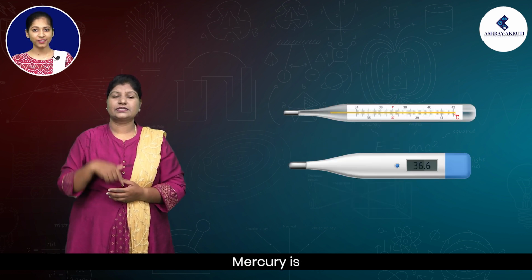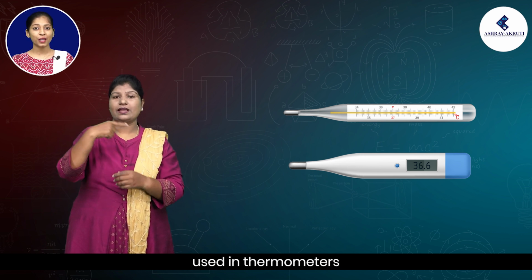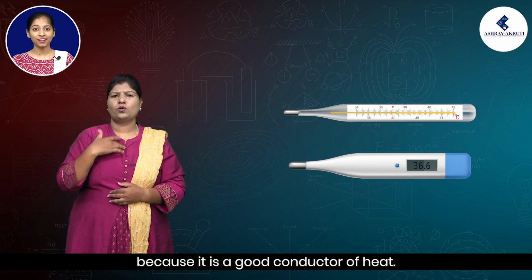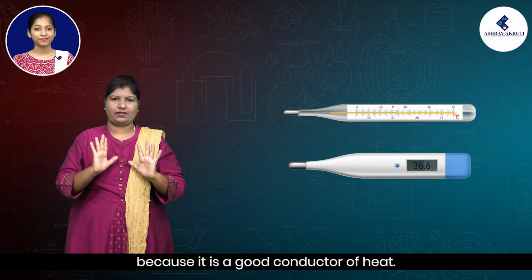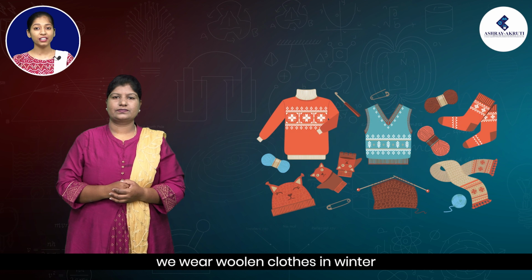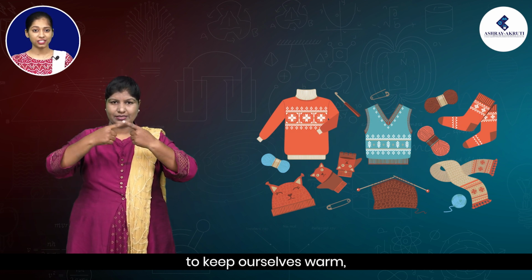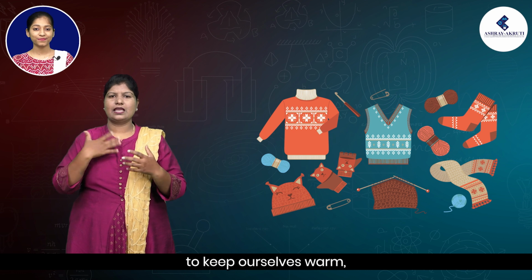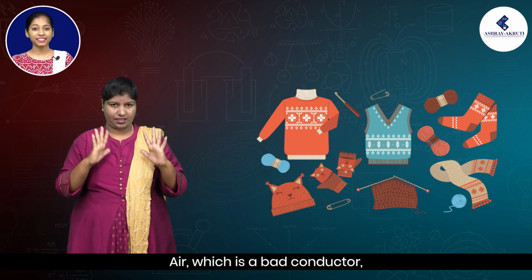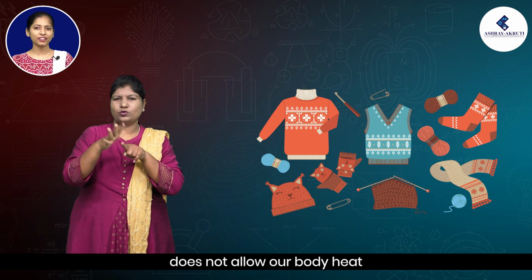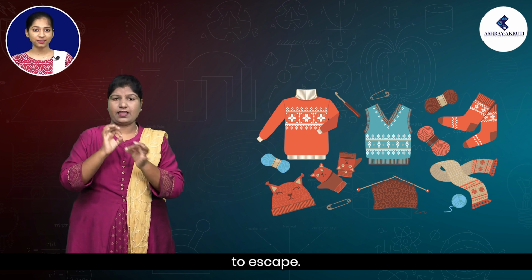Mercury is used in thermometers because it is a good conductor of heat. We wear woolen clothes in winter to keep ourselves warm. Air, which is a bad conductor, does not allow our body heat to escape.